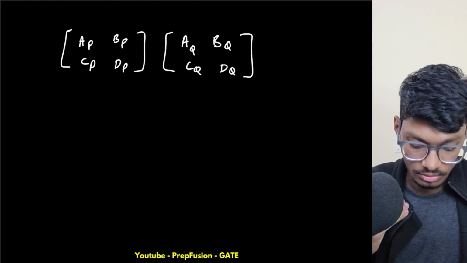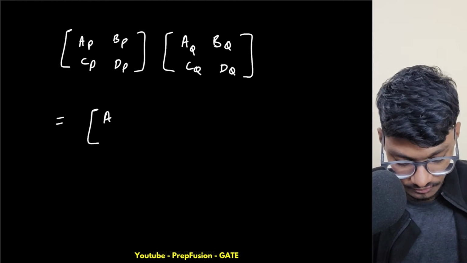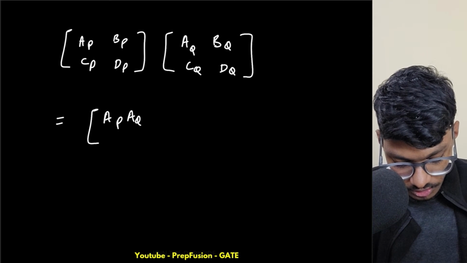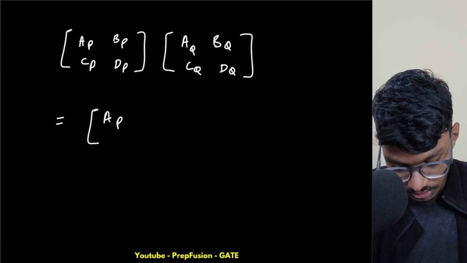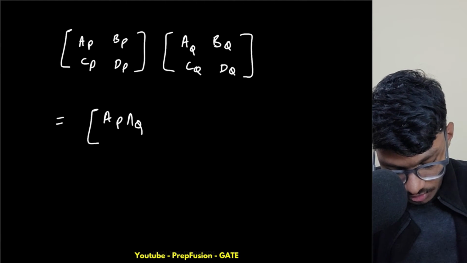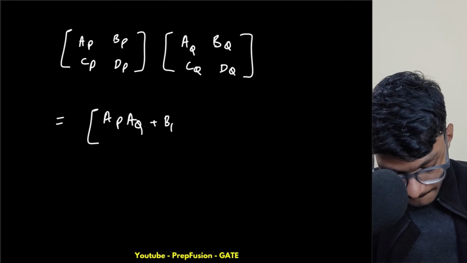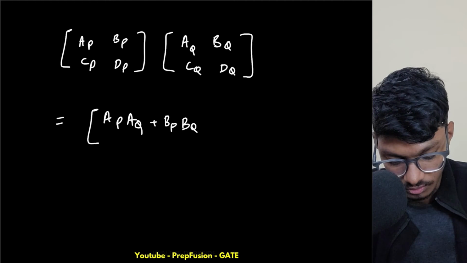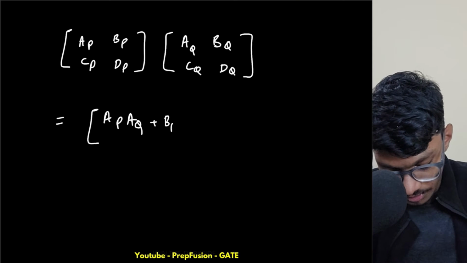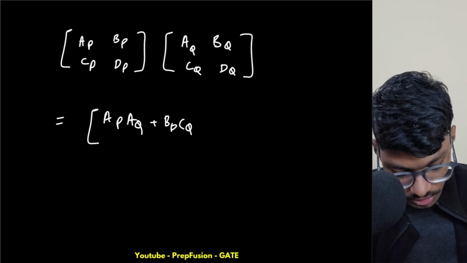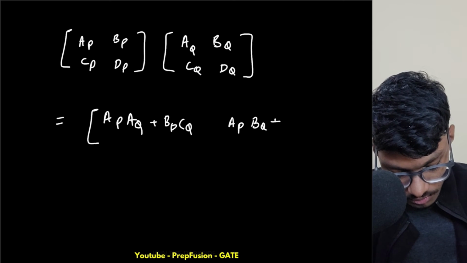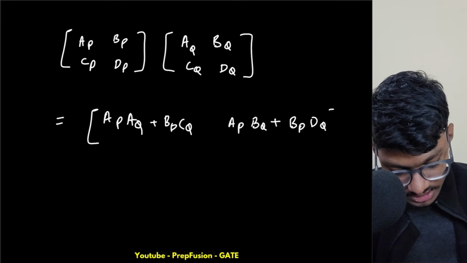Now if I do the matrix multiplication, the first element will be AP into AQ plus BP into CQ. And the next is AP into BQ plus BP into DQ, and this is my alpha element.